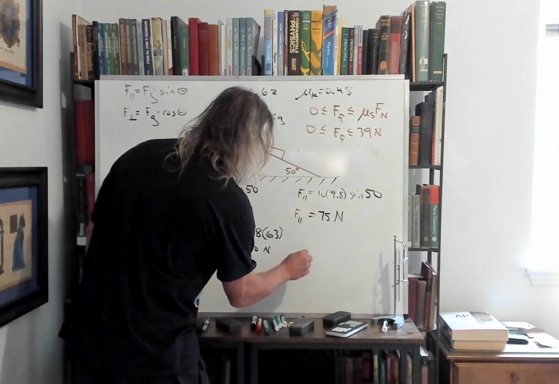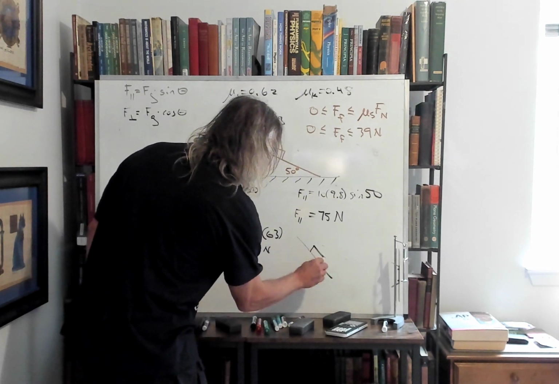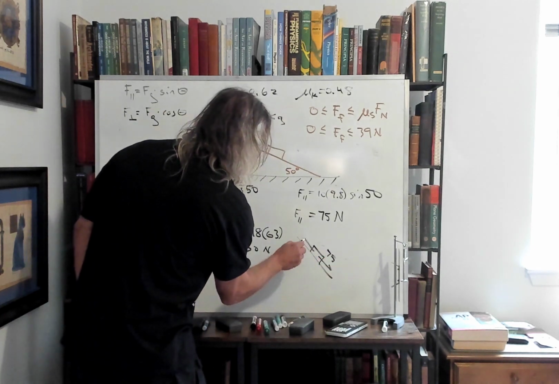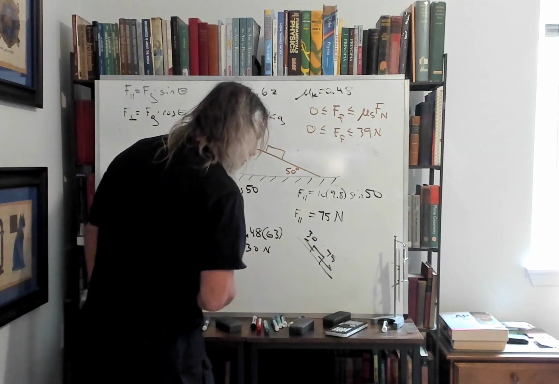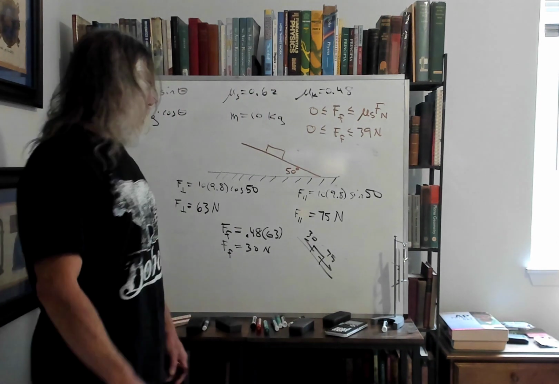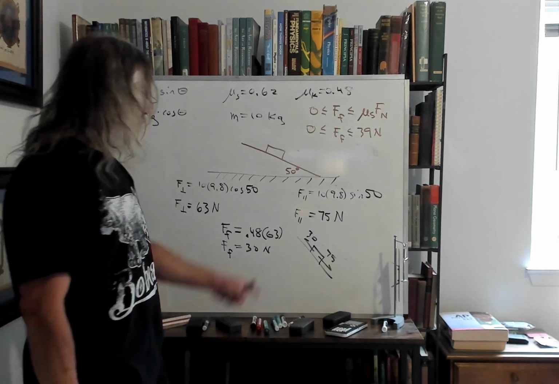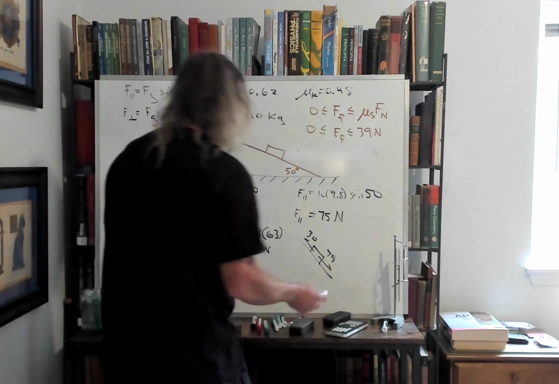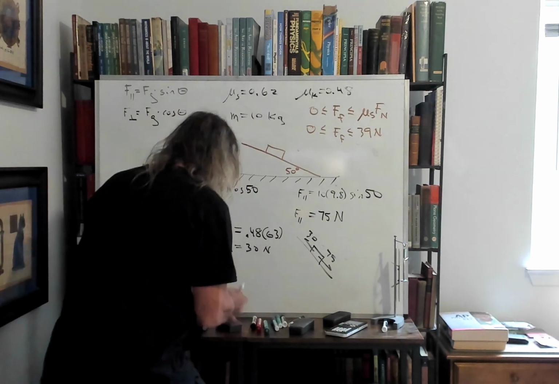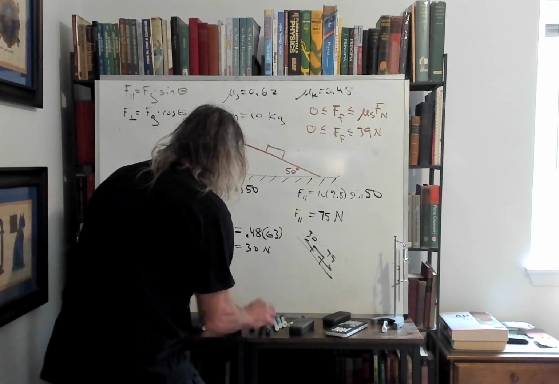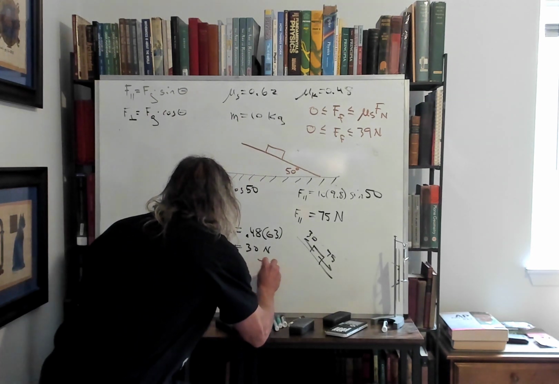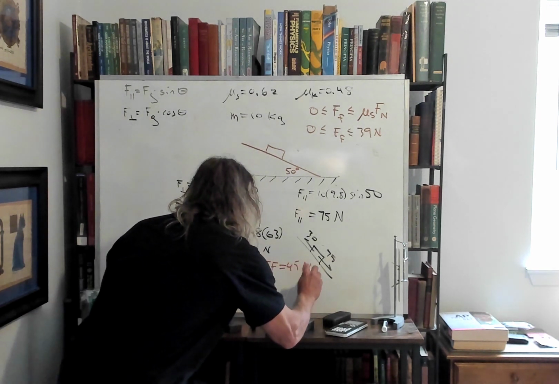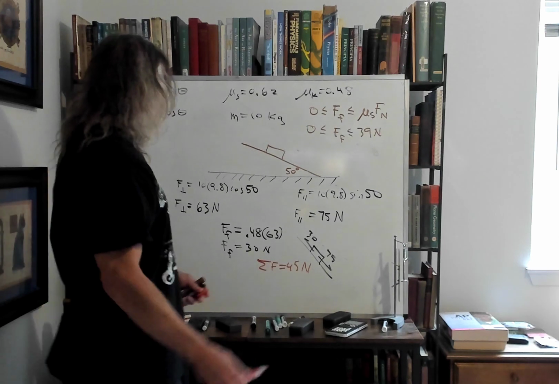So we got 75 down, 30 up. They're opposite, so the net force, 75 minus 30, is 45. So the net force down is 45 newtons.